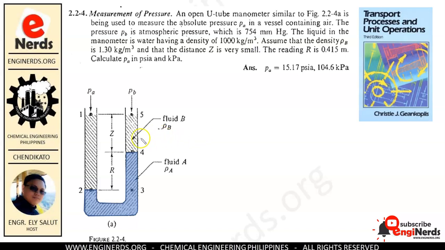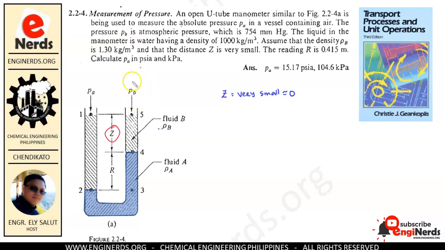So we can see that the value of our Z on this particular problem is already negligible. So we can assume that this is approximately equal to 0. And then given ang ating PB, it is mentioned that it is atmospheric pressure, which is 754 mm mercury.